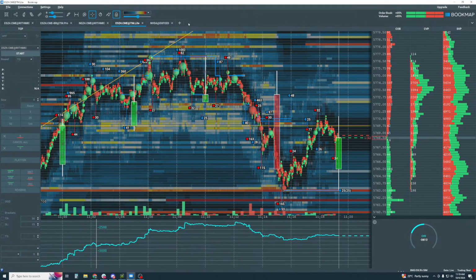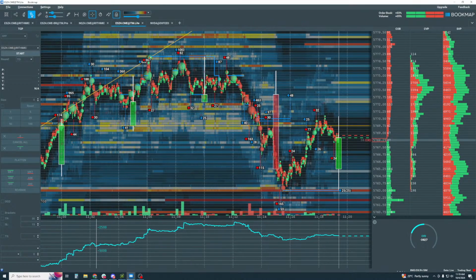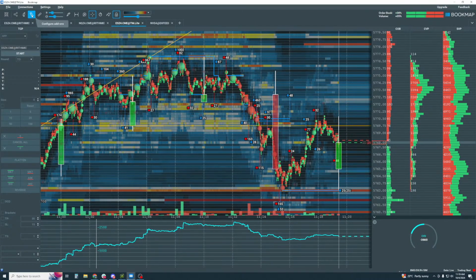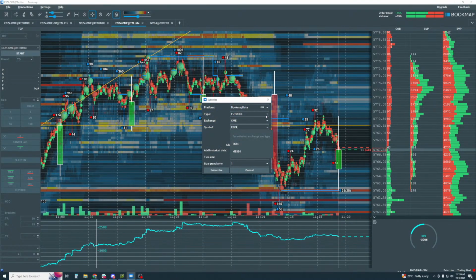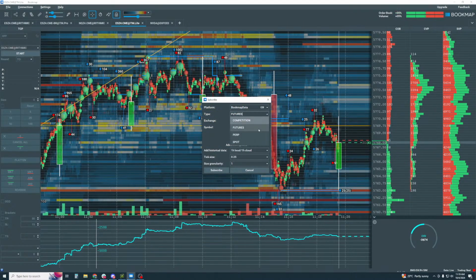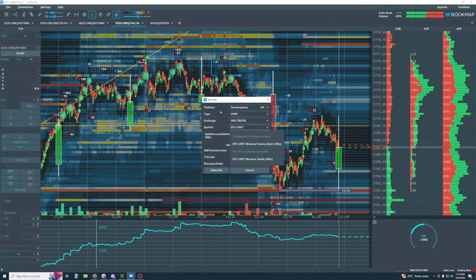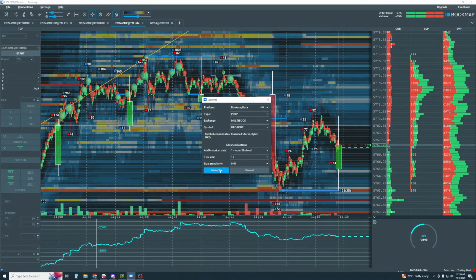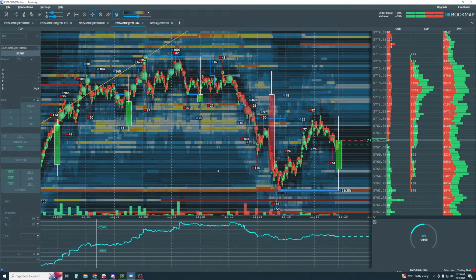Actually, you know what? I might be able to show you a better concept here. We look at crypto markets. A tick size 10. Let's try it.